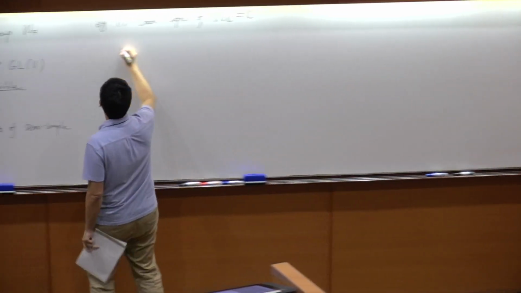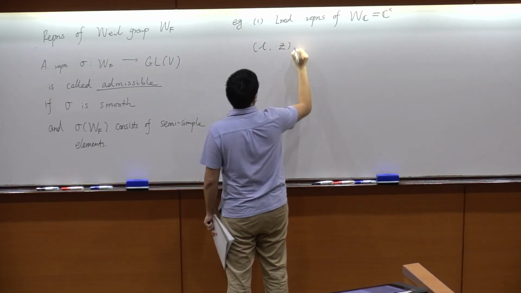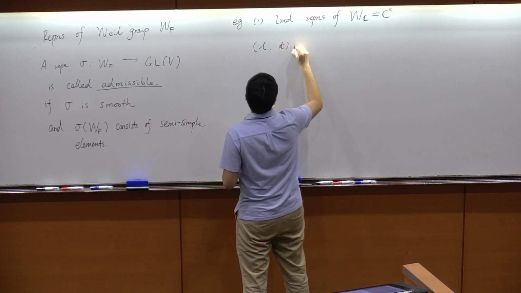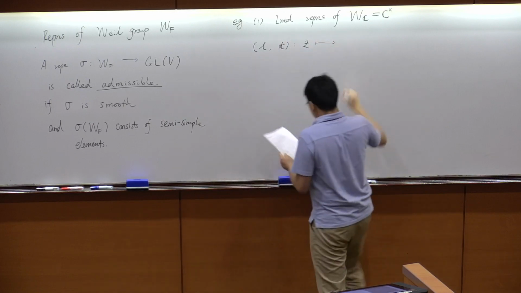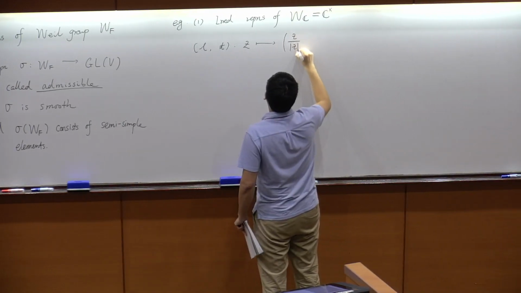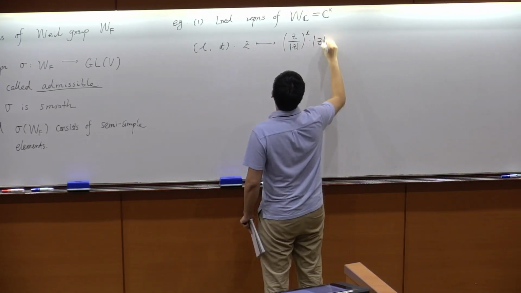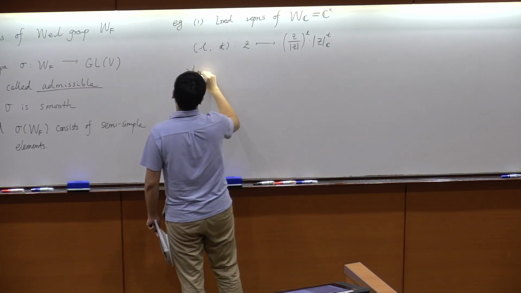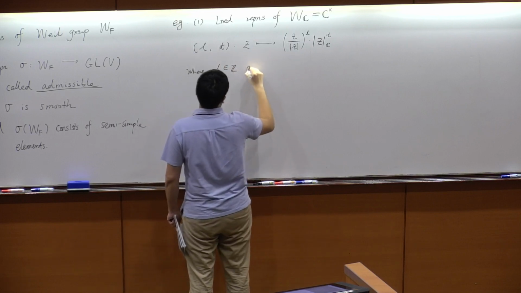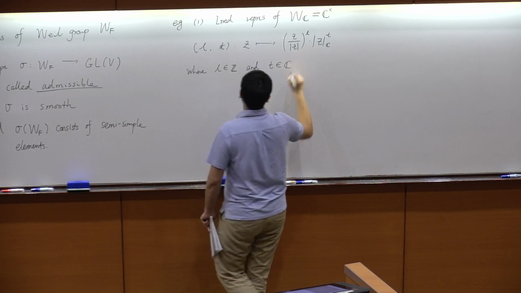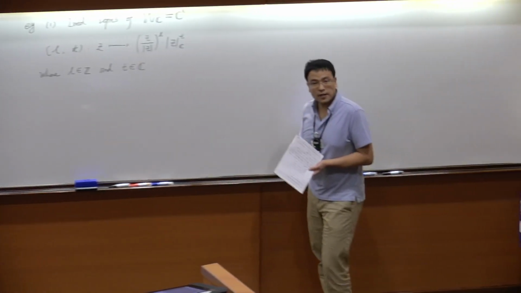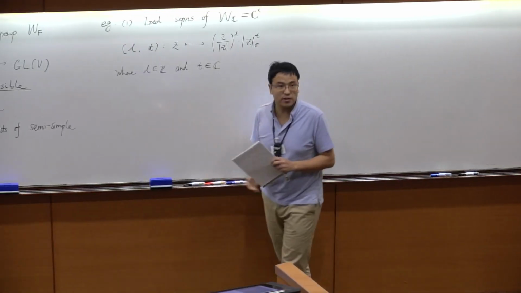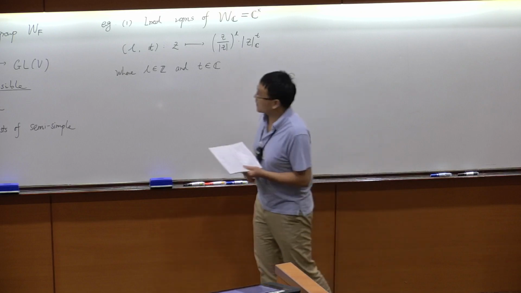So we can parameterize them by an integer and a complex number. So we can parameterize all the characters in this way. And if you apply the local Langlands correspondence, this is also a character of GL1(C). So this is the easiest case.